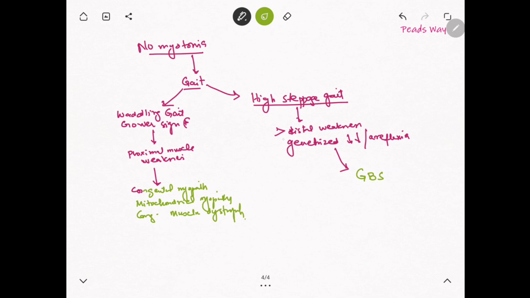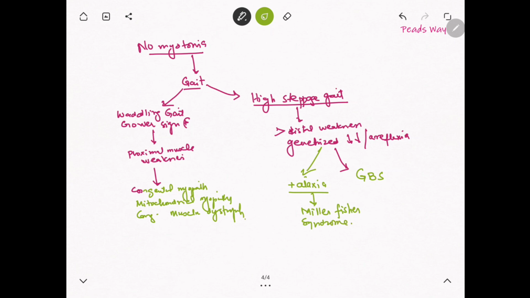High steppage gait, distal weakness and generalized decreased reflexes, GBS. And if there is also ataxia, then it is Miller Fisher variant of GBS.